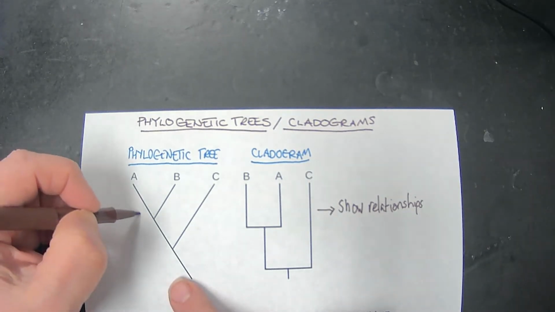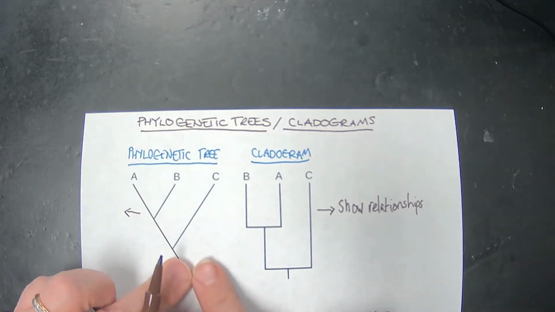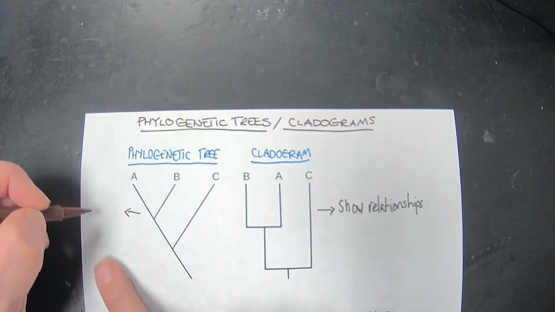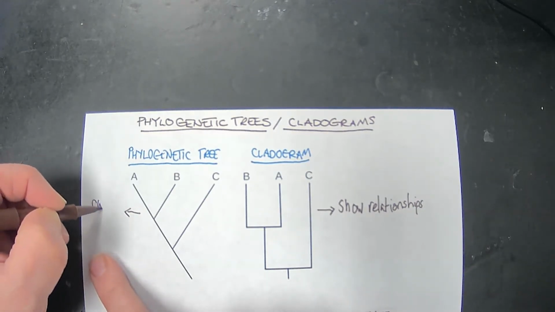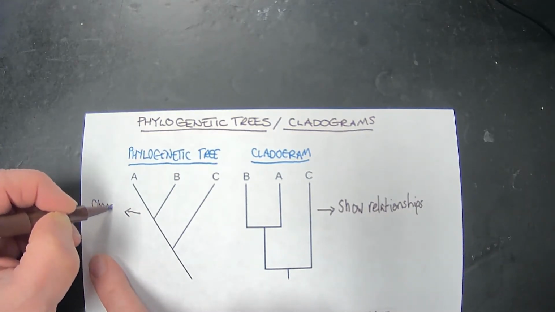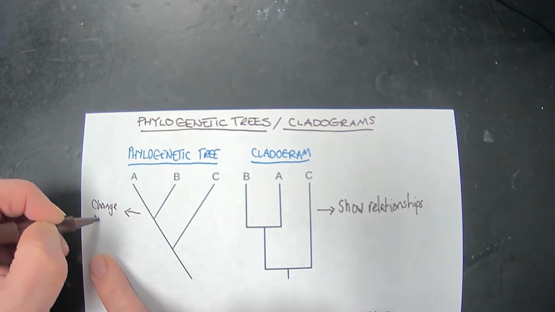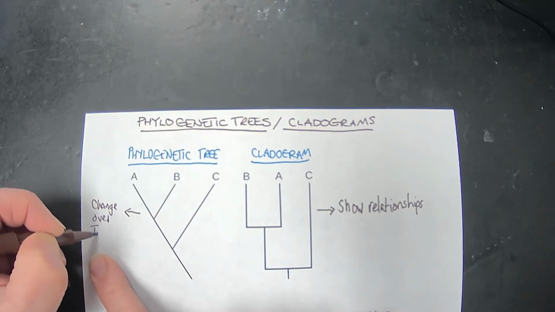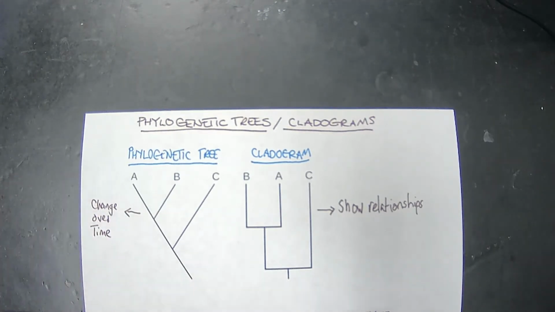A phylogenetic tree like this one shows relationships, but it also shows change over time. Okay, and we'll come to that in a second.